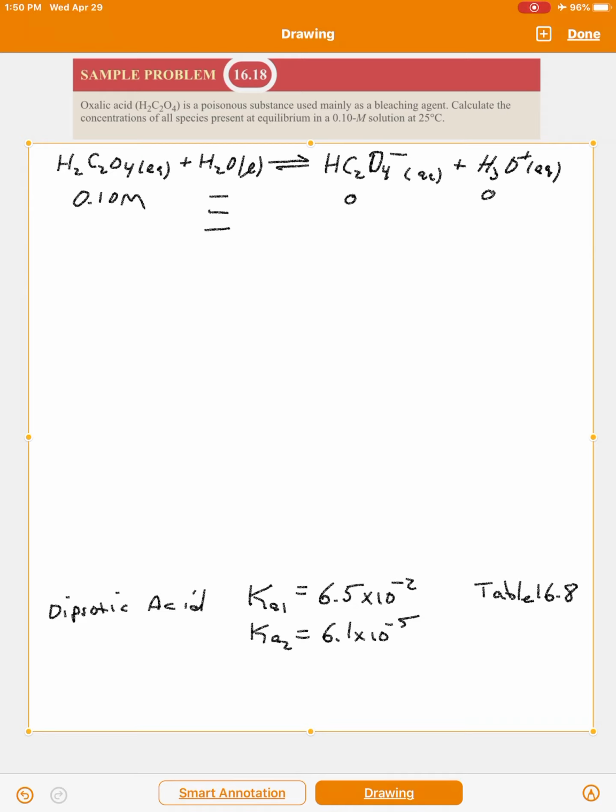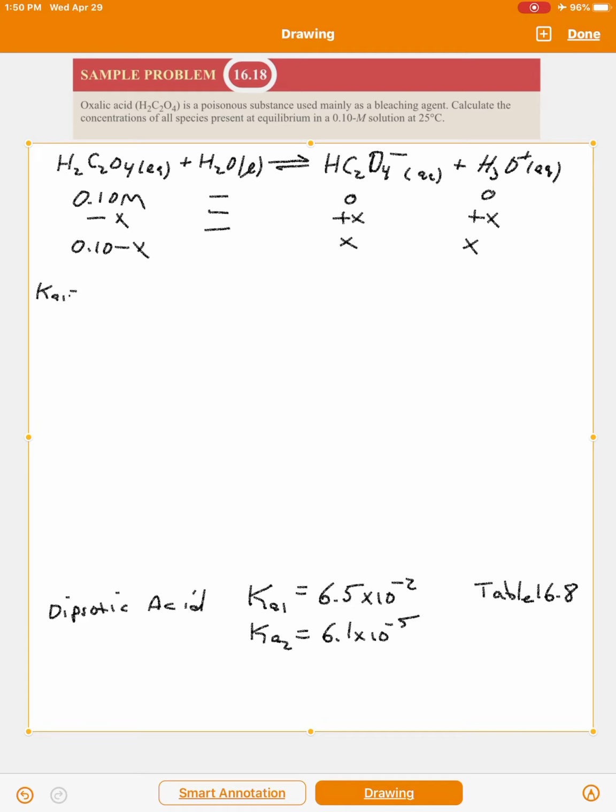Clearly it has a Ka, so that means Q is less than K because Q is 0. So that means it's minus X, plus X, plus X, and so at equilibrium it's 0.10 minus X, X and X. So that means we're going to use the Ka1.